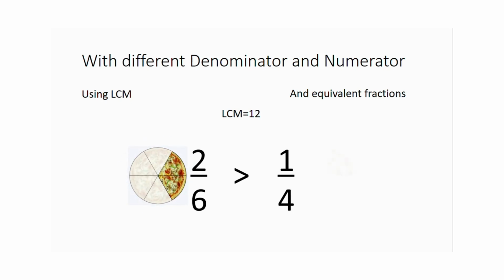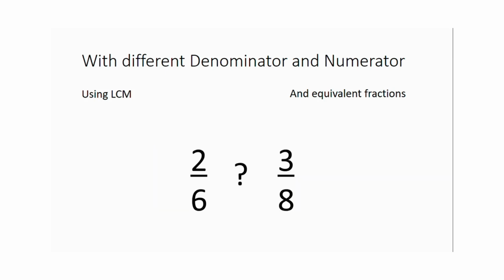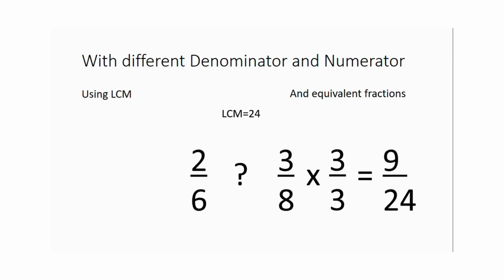Here's 2/6 and here's 1/4. Looks like 2/6 is bigger. Now what about 2/6 versus 3/8? The lowest common multiple is 24. So here we're going to multiply by 3/3, and that equals 9/24.